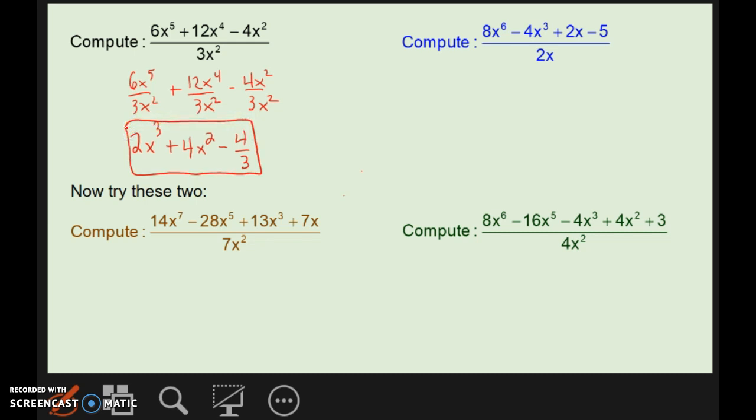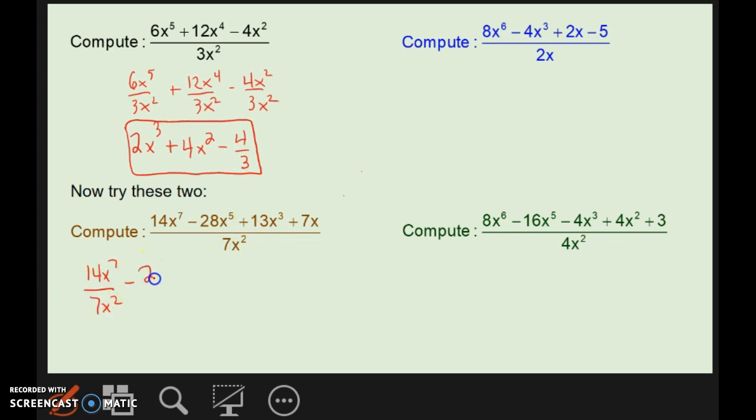If we look at a problem like the one down in the lower right here, we're going to need to take up a little bit more space because we've got 1, 2, 3, 4, 5 terms, but our process is really no different. Actually, you know what? Let's go with the one in the lower left because there's some really cool stuff that's going to happen here. We have 14x to the 7th, which we're going to divide by 7x squared.